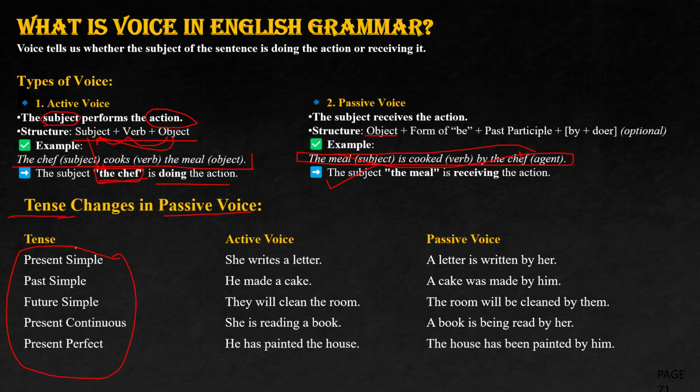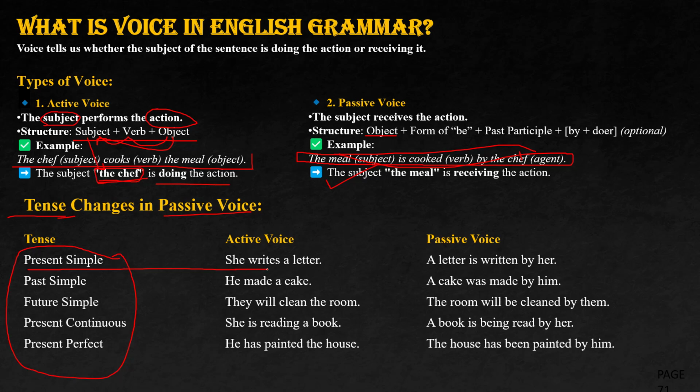On an average, 85 to 95% of the conversations will happen in these forms only. Out of the complete 12 tenses, these are the main five. Remember, okay.